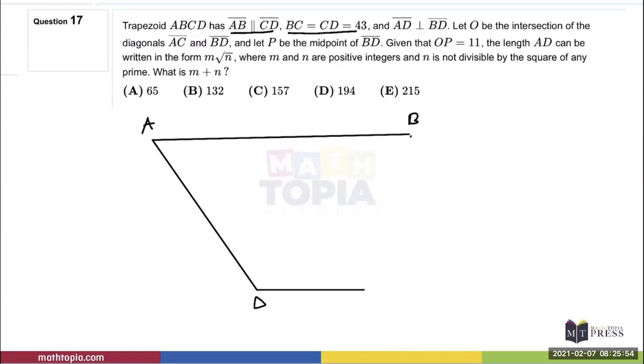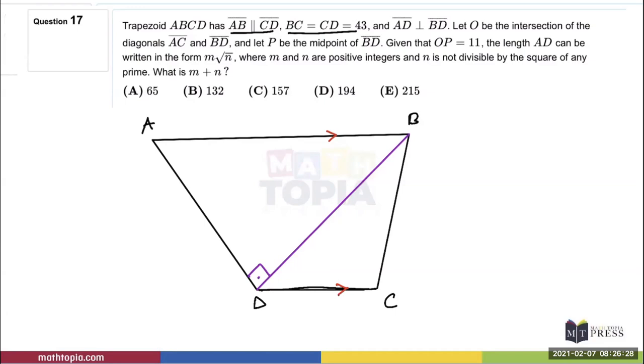It's also kind of not drawn to scale, but that's okay. First thing, this is parallel, and secondly, I can see that AD and BD are perpendicular to each other. That's good.